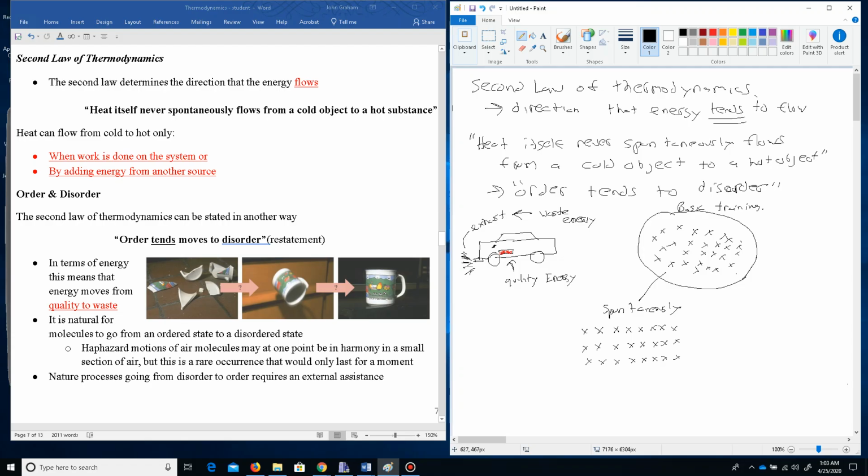However, if you do work, and by work in this case, the drill sergeant comes in, he can force this to happen. And so it doesn't spontaneously happen, but it can be forced to happen. Natural processes tend to try to force disorder to go back to order.